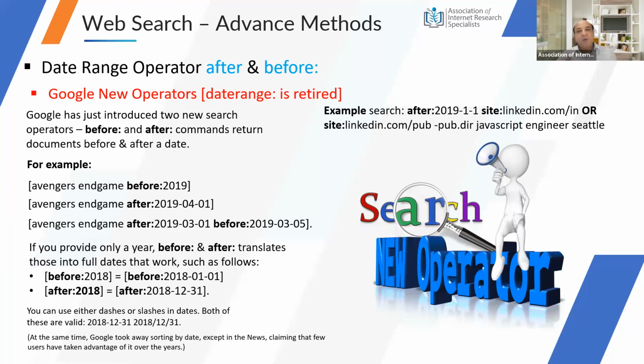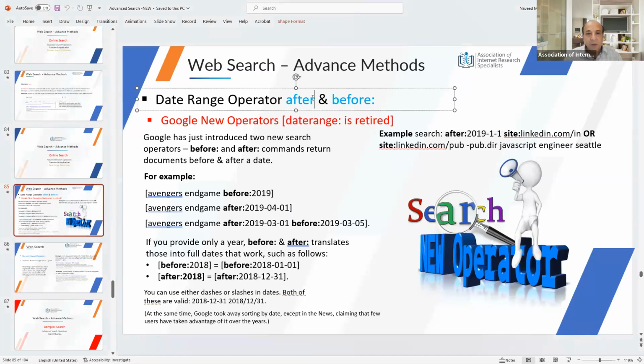So I found a lot of times they're using date range as examples, which don't work, because date range used to be an operator. We don't have to talk about it because it's retired anyways. It used to be the operator that would have replaced after and before with a colon sign.